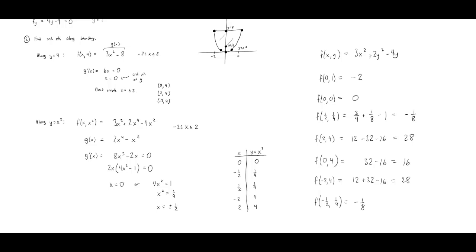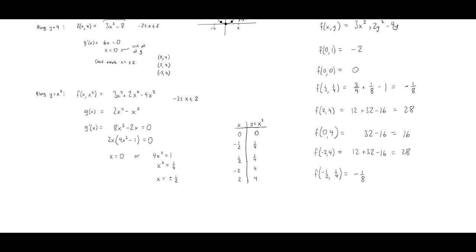So identify the smallest and largest values. Negative 2 was the smallest number, and 28 was the largest number. So then, in conclusion, f has an absolute minimum value of negative 2 at the point 0, 1.